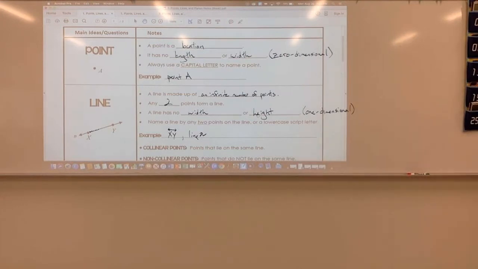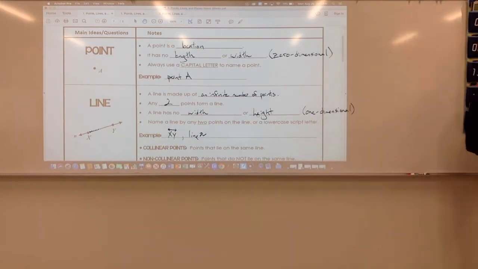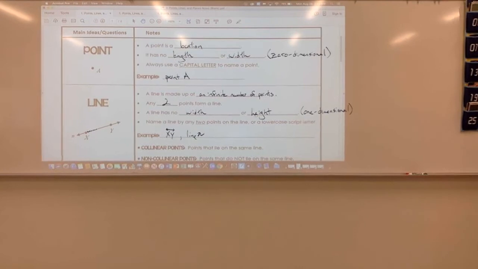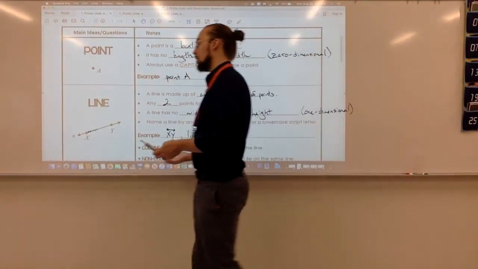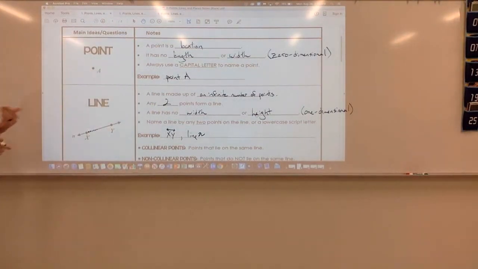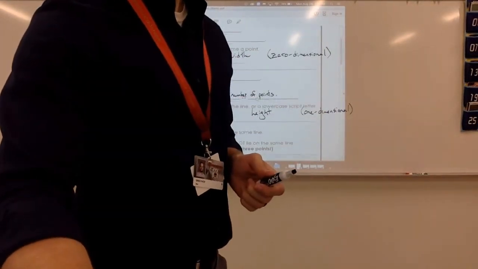Now, two definitions that go along with this: collinear and non-collinear. They sound like what they mean. Collinear means points that are on the same line, and non-collinear means points that are not on the same line. So, let's scroll down just a little bit.